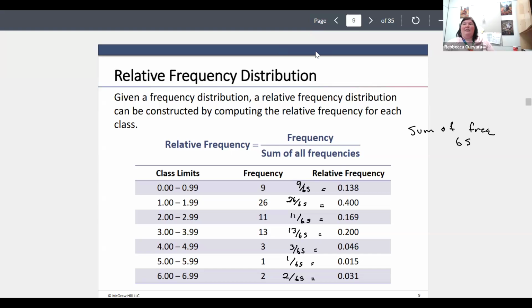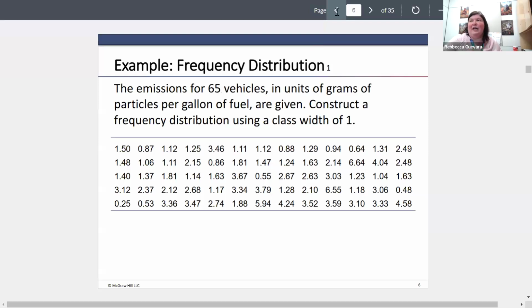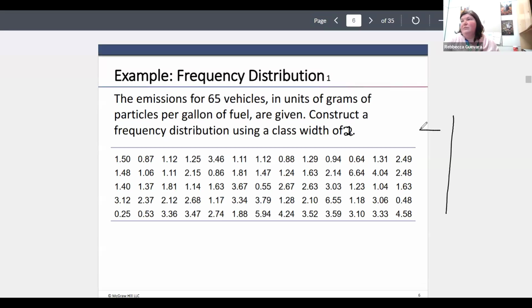Like I could go back here and decide that I want to have a different class width instead. I have a class between 0.00 and it would end at 1.99, and the next one would begin at 2.00. And I would get a much larger frequency in there.